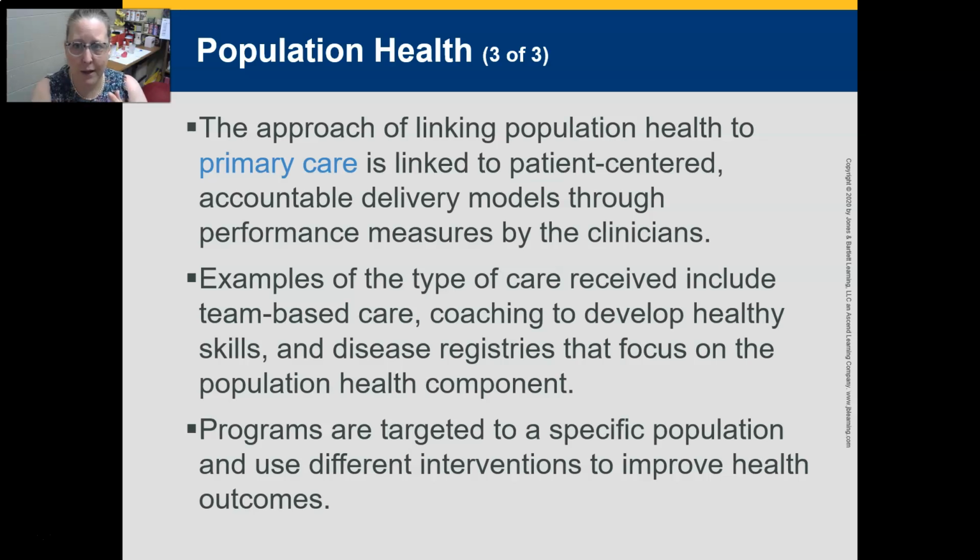This is where we have access to our patients the most, and so linking population health in primary care only makes sense. Examples of the type of care received, so primary care and population health merged, include team-based care, coaching to develop healthy skills, and disease registries that focus on the population health component.